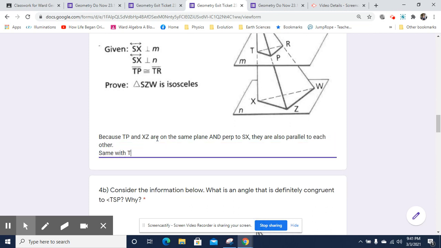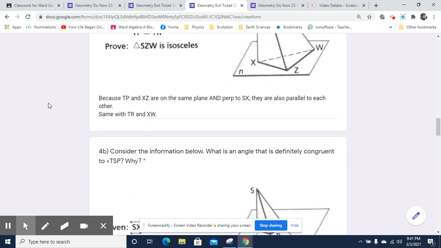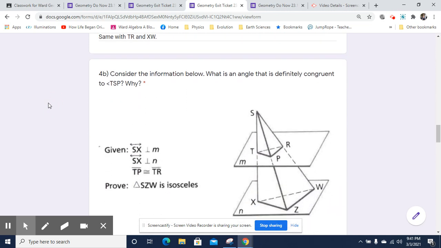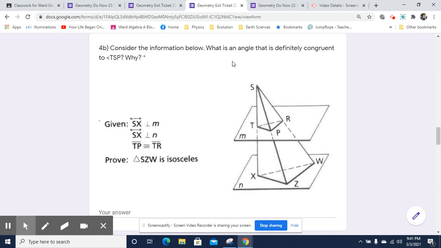Same with TR and XW. So XZ is parallel to TP, XW is parallel to TR. And that's going to come in handy later on in the proof because it'll allow us to figure out some angles.